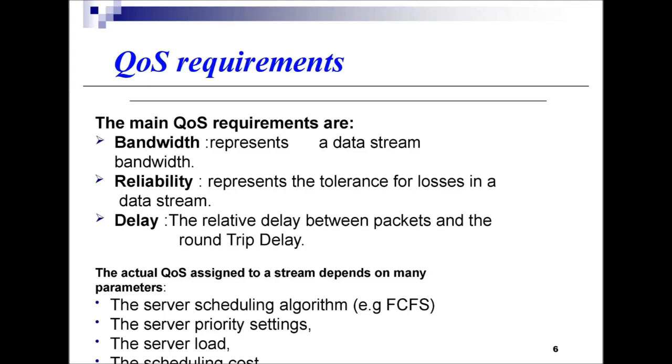The actual quality of service assigned to a stream depends on many parameters. The server scheduling algorithm, first come first serve. In operating systems, you have also discussed this term, first come first serve, which means when the processes, when the requests are received by the server, there must be some mechanism to process those requests.